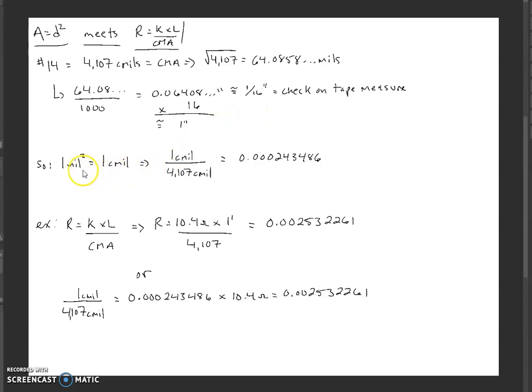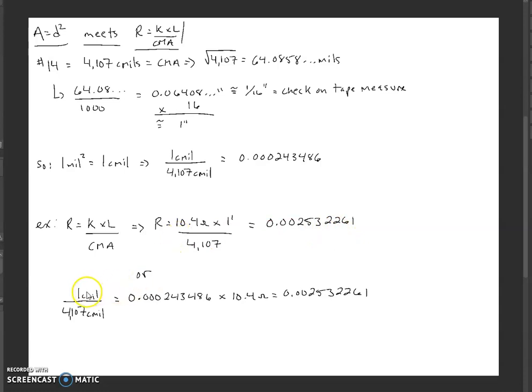So if we compare square area to square area, we have 1 C mil and 4,107 C mils, which gives us a ratio of 1 to 4,107. That ratio gives us this number right here. Now, if we just take R equals K times L over CMA, and just for example use the 14 gauge wire and 1 foot, we take 10.4 ohms, again at 20 degrees Celsius, times 1 foot over 4,107, and we'll get this number.